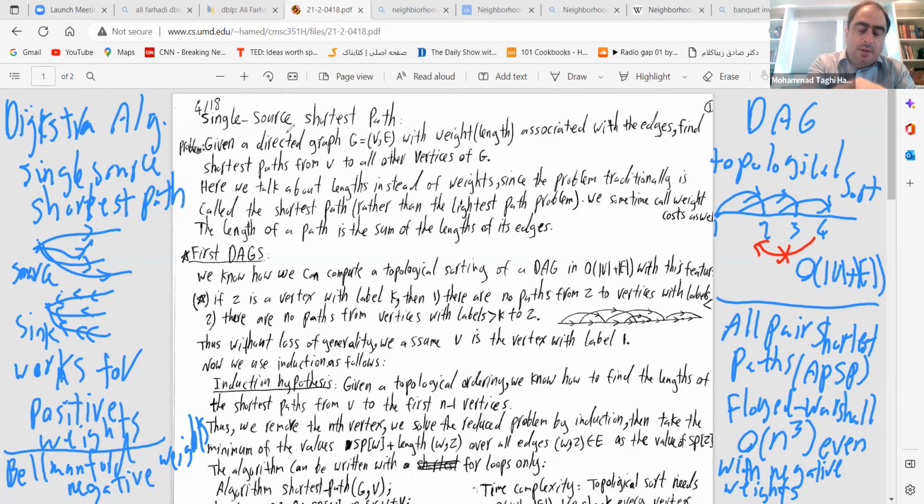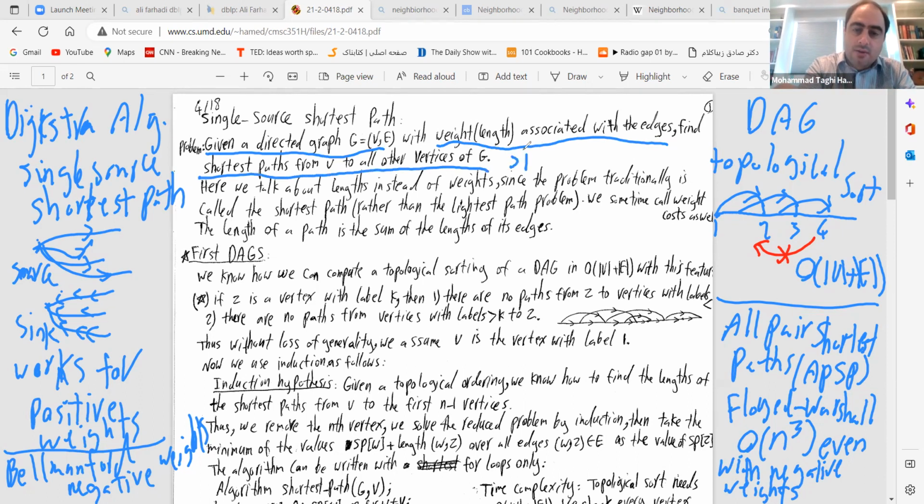Let me mention the problem more precisely. You are given a directed graph G with weight or length associated with edges. So again, we call it a weighted graph, but the weight can be the cost, the length, the time, or anything. But in general, we call them weighted graph. You want to find a shortest path from V to all other vertices of G. That's the thing that I mentioned.